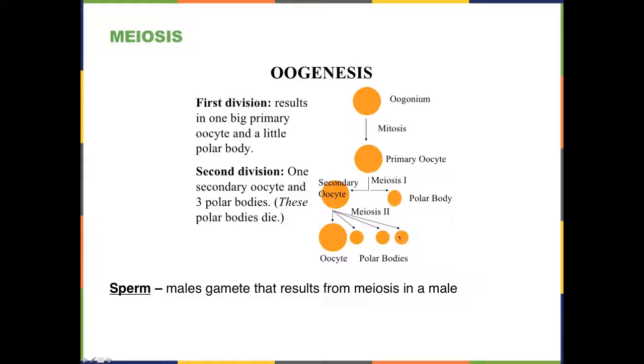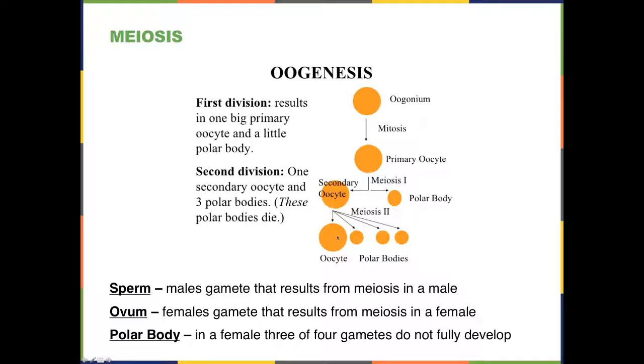Now, all 4 of these work in the male. But in the female, you produce a single ovum, or oocyte, and then the other 3 become polar bodies. These do not develop, and they basically are lost.